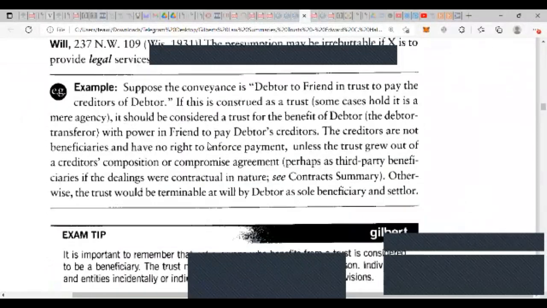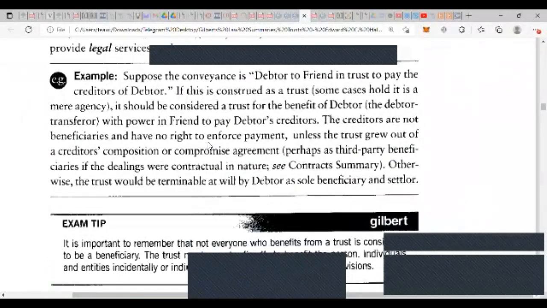Example, suppose the conveyance is, quote, debtor to friend in trust to pay the creditors of debtor. If this is construed as a trust, some cases hold it as a mere agency. It should be considered a trust for the benefit of debtor, the transferor, with power in friend to pay debtor's creditors.